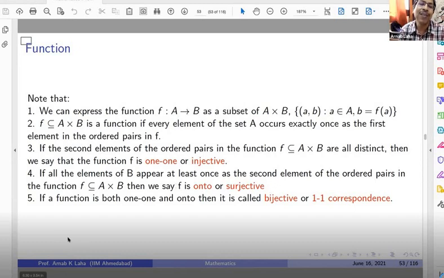If a function is both one-one and onto, then we call it bijective or a one-one correspondence. So in a one-one correspondence, viewed as a subset of A cross B, all the elements of A appear exactly once as the first coordinate of the pair, and all the elements of B appear exactly once as the second element of the pair.